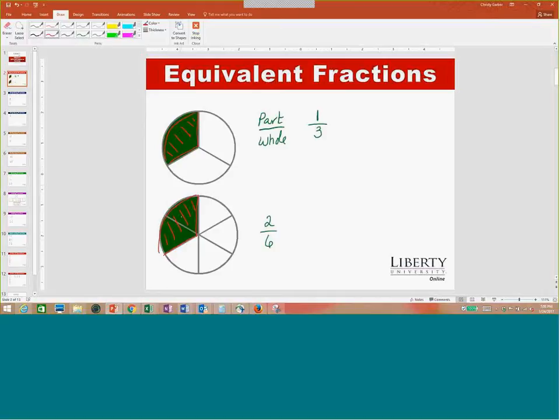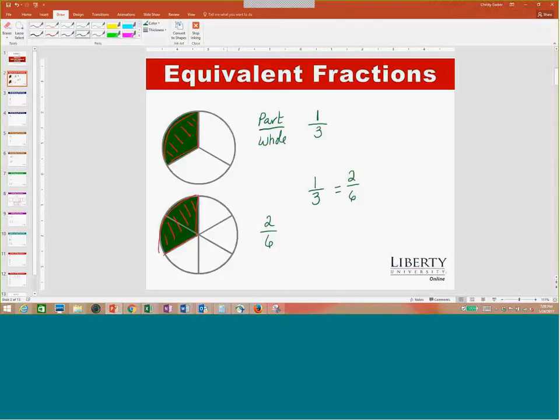It's an equal amount, but expressed in different ways based on how many parts the whole has been divided into. So if these are equal amounts of the circle shaded, then I can say that 1/3 is the same as 2/6, as long as we're talking about the same size of 1 whole. 1/3 is equal to 2/6.